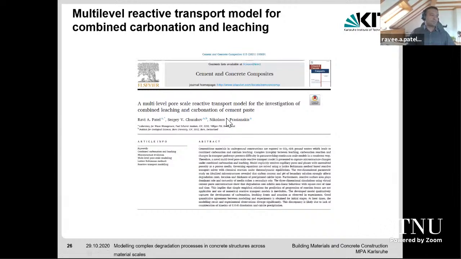When you have carbonated water, what happens is you have calcium in the cement pore water, which reacts with carbon to precipitate calcite. At the same time, the pH of the ingress solution is lower than the pH of the cement pore water, and this leads to the leaching of calcium ions. So there are two competing effects, and how they interplay is the question.